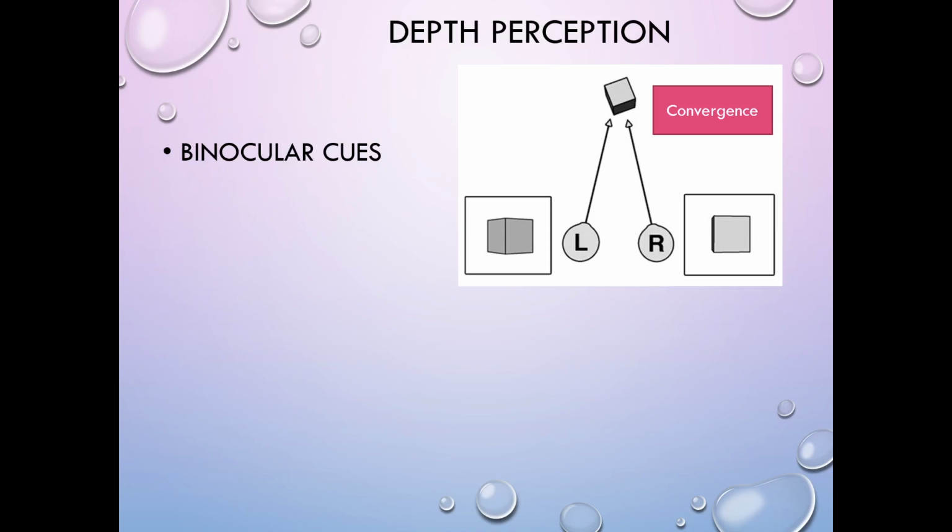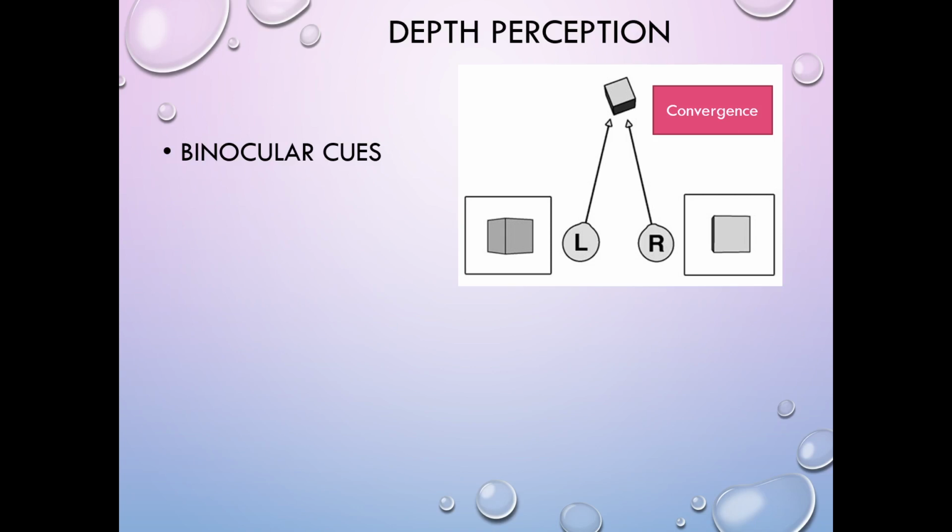But what I wanted to talk about first is that those eyeballs have to rotate towards each other when the object is closer to the face, and those eyeballs can be straighter in their sockets when the object is farther away. This is what we call convergence.